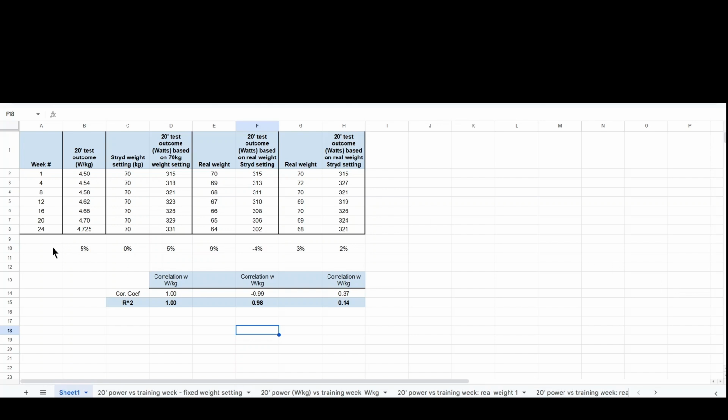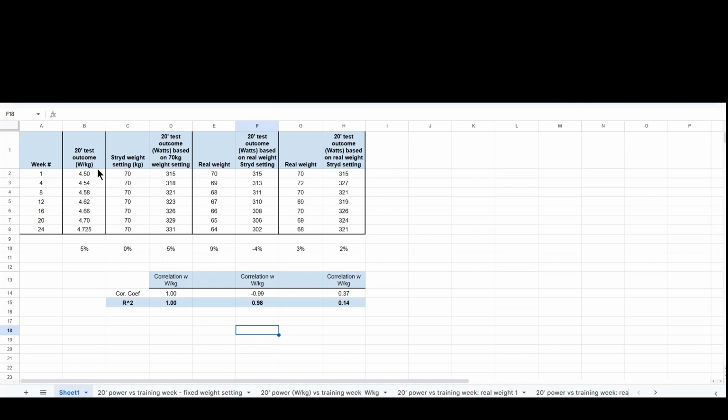So what I've constructed is several scenarios based on a progression of 20-minute testing over a period of a 24-week training plan, for example. In the far left column is the week number in which the 20-minute test is performed, and the result in watts per kilogram, which is natively calculated by the pod.